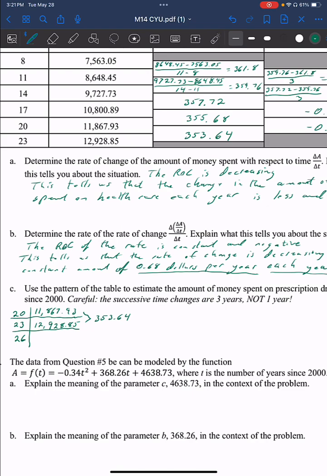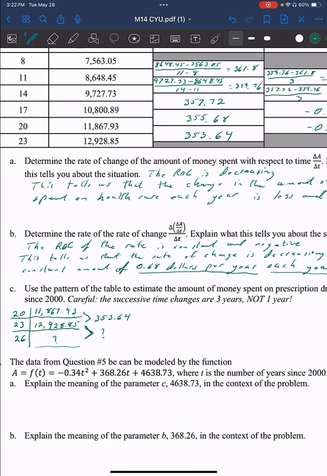We're trying to find what the output was in 2026. If we knew what the change in the output was here, we would be able to add that to the 12,928.85 to get the value that was spent in the year 2026, or will be spent in the year 2026.